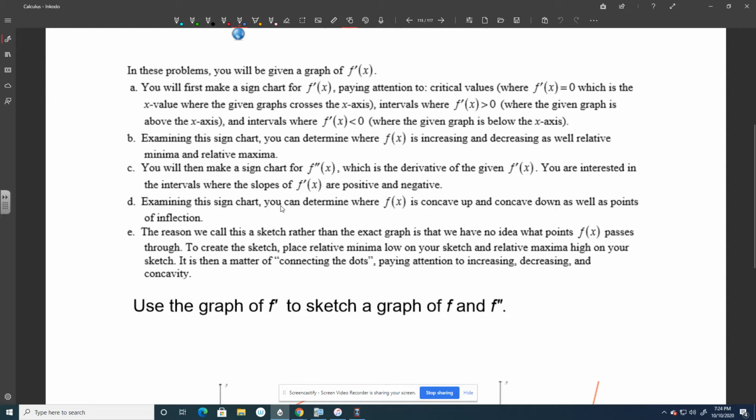We don't always actually make the chart, but you're looking at the signs of the derivative, paying attention to the critical values, so where it equals 0, and where it's increasing or decreasing on our regular graph is going to be where the derivative is greater than 0 or less than 0.